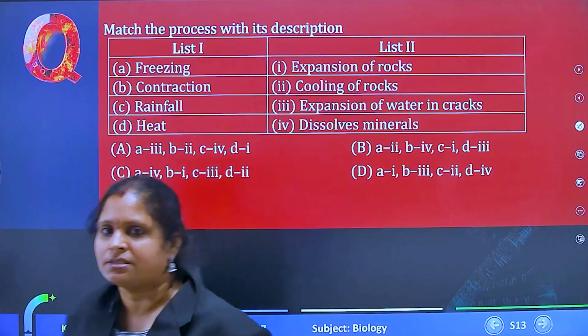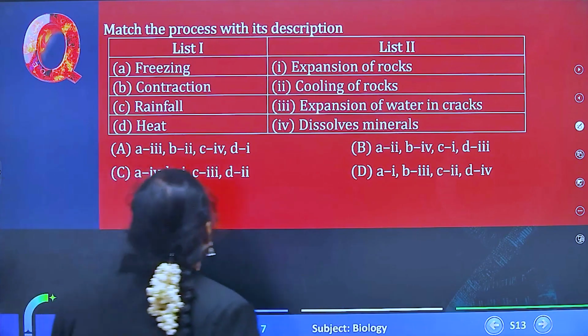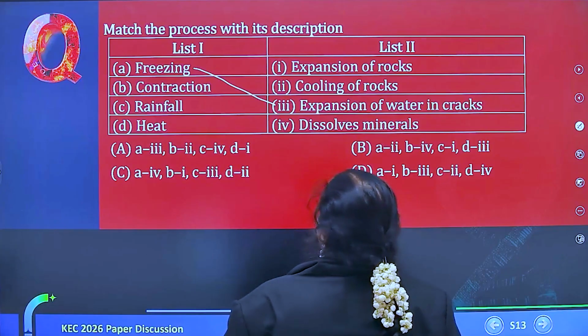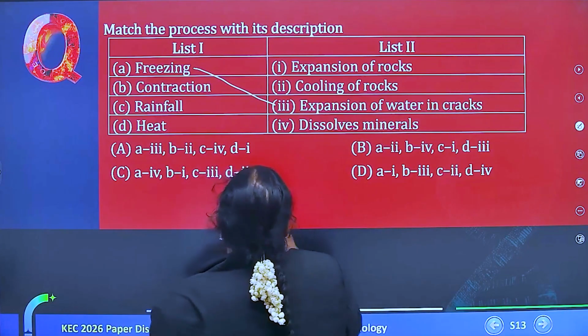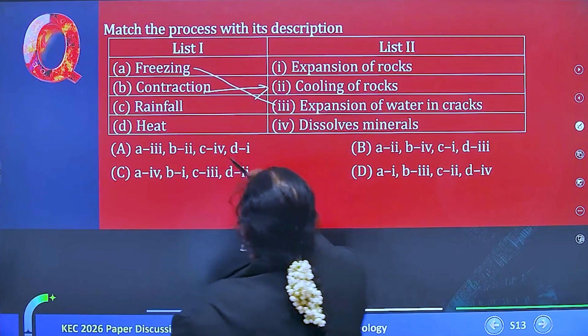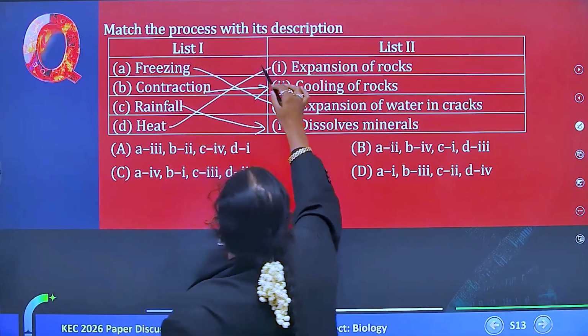Next, match the list. Match the process. I am giving you 2 minutes. Please do it. Freezing: expansion of water in cracks. Contraction: cooling of rocks. Rainfall: dissolves minerals. And heat is expansion of rocks.